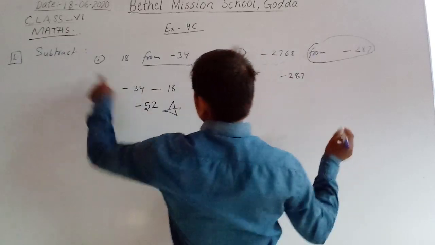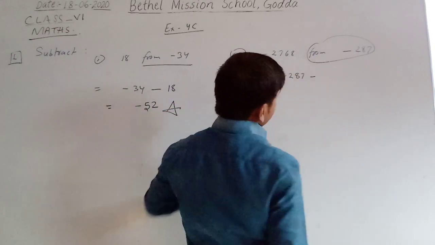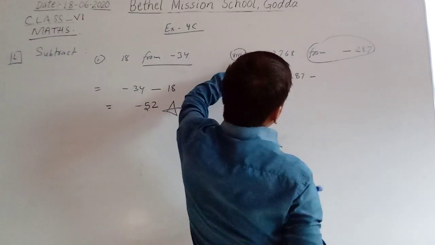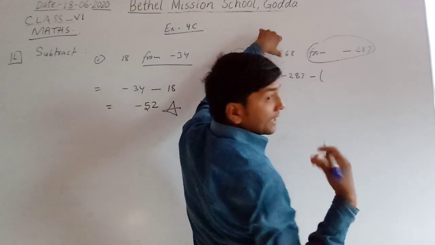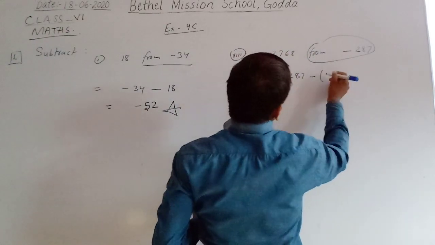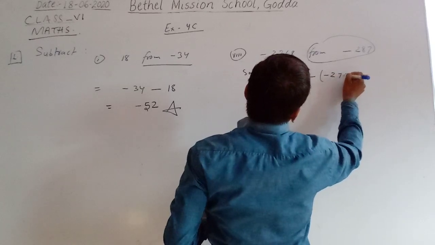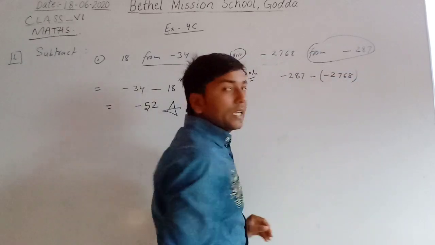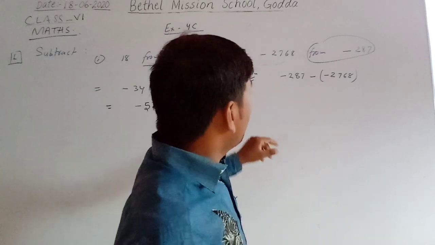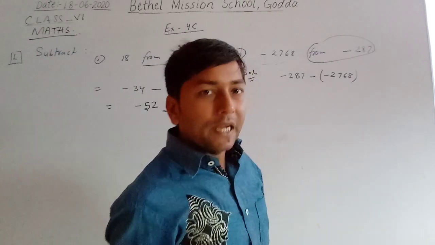and subtract, then the subtraction symbol, and now we write this number and this is a negative number, so we have another negative symbol, minus symbol, so I am taking it in a bracket. When you have two symbols, then one you have to take in a bracket.